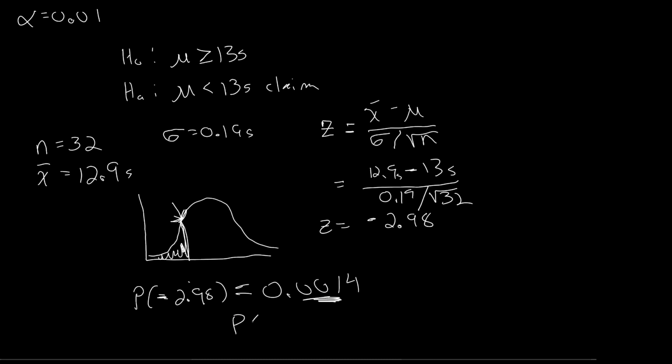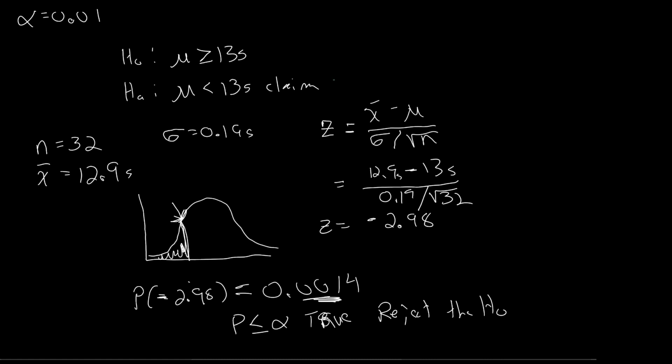So the p is less than or equal to alpha, that's true, which means we reject the null hypothesis. And by rejecting the null hypothesis, we're down into the claim. And so what we say is there is enough evidence to support the claim.